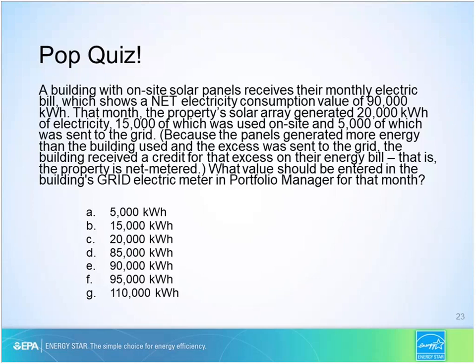And the poll should be open on your screen. You can select one of the options. I'll give you about a minute to respond.